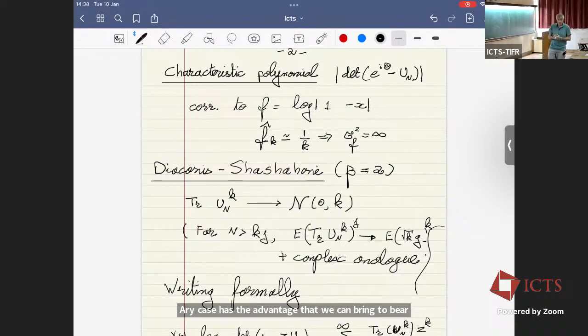And indeed, because there's a group behind everything, we can talk about random elements of that group.